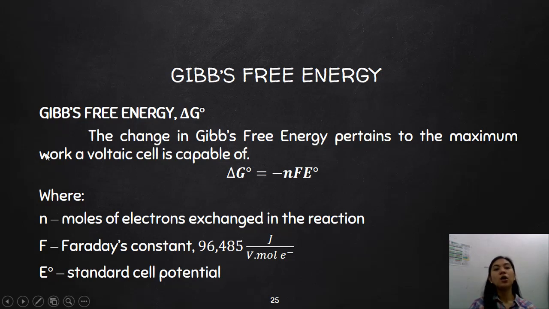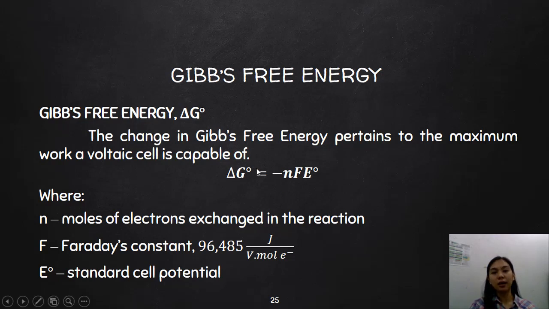is capable of. Kung yung cell potential po is kinakalculate niya yung current na pwedeng ibigay ng reaction, si Gibbs free energy naman kinakalculate niya yung pinakamalaking possible work na pwedeng gawin ng cell na yon. And it is calculated as follows.